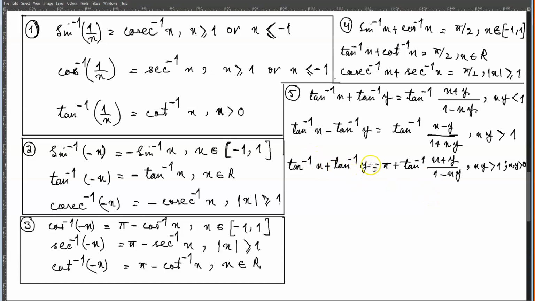So tan inverse of x plus tan inverse of y is equal to pi plus tan inverse of x plus y over 1 minus xy for xy greater than 1 and x and y greater than 0.